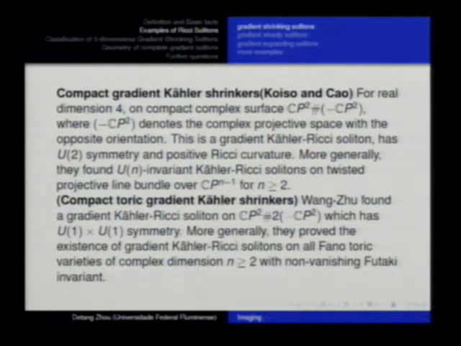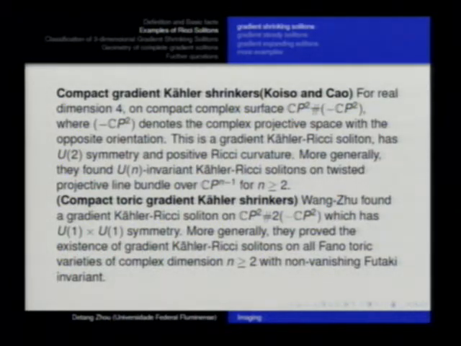And also Xu-Jia Wang and Xiaohua Zhu found a gradient Kähler-Ricci soliton on this manifold, CP2 connected sum with 2 copies of CP2 with the opposite orientation.